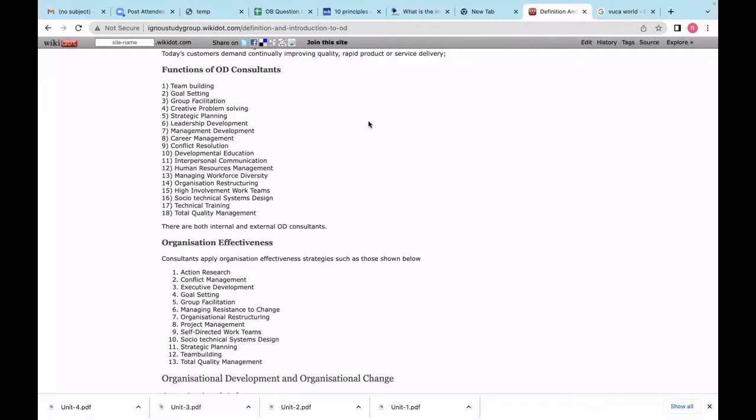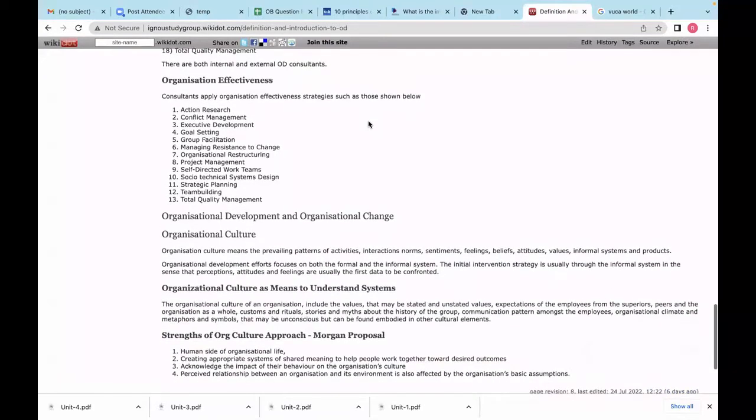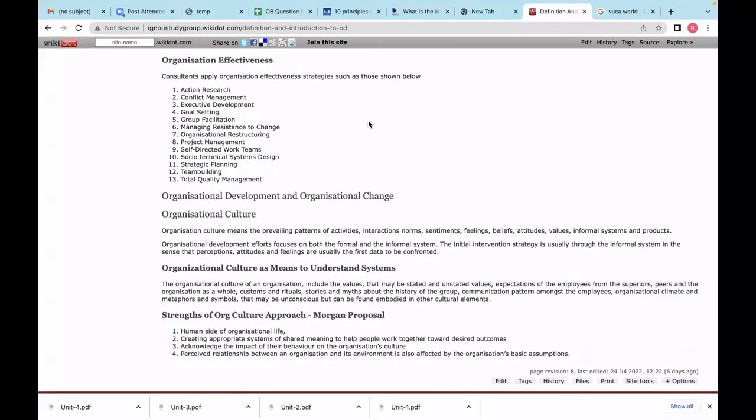Okay, so going next. We were talking about functions. Now we are talking about what those consultants do to enhance or carry out these functions, right? So they are going to put strategies together and do multiple things. Some of the things are action research and conflict management.